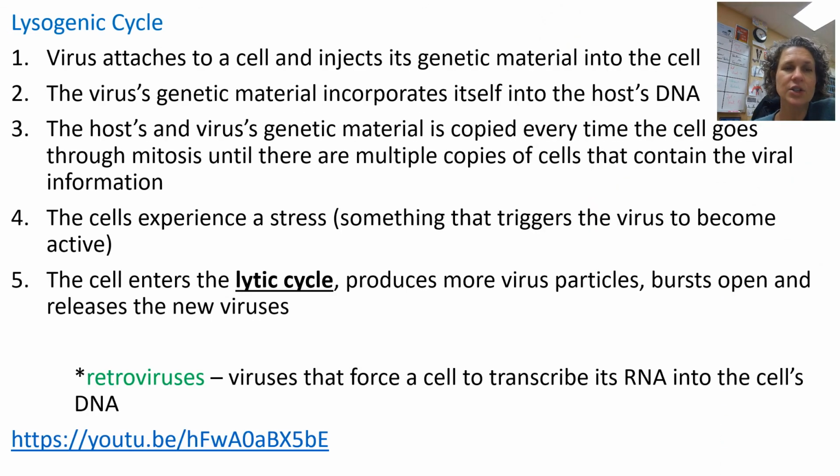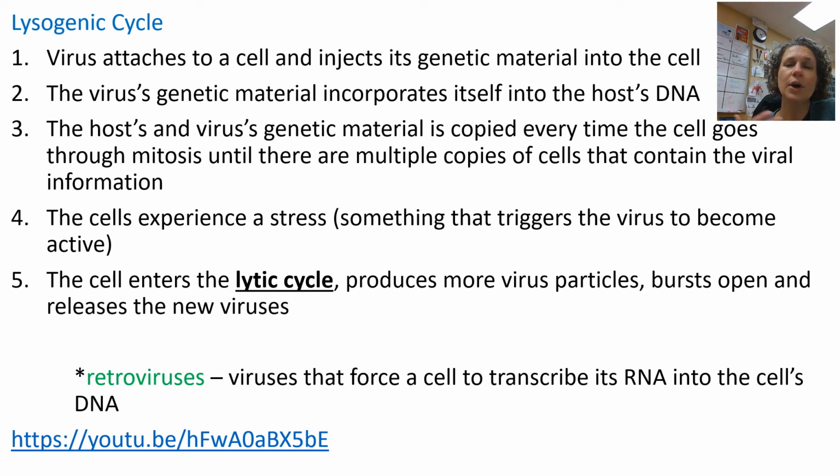And then the lysogenic cycle starts out the same, and then you have kind of a waiting period, and then we get back to the lytic cycle. So the virus attaches, injects its genetic material into the cell. The virus's DNA or RNA incorporates itself into the host's genetic material. And as that cell goes through mitosis, everything gets copied. It copies the host's DNA, it copies the viral DNA.